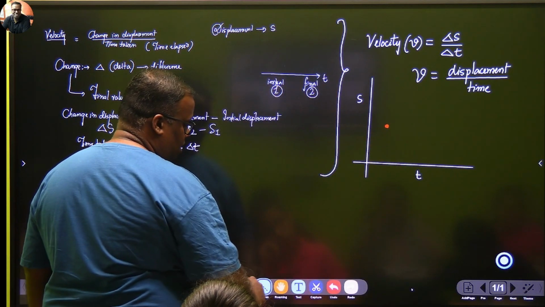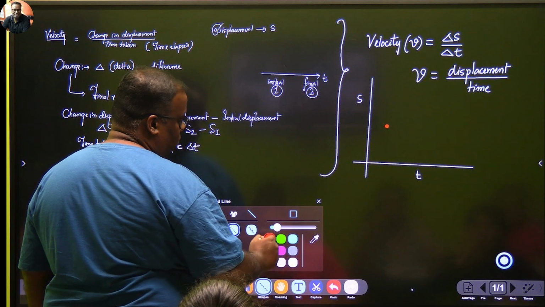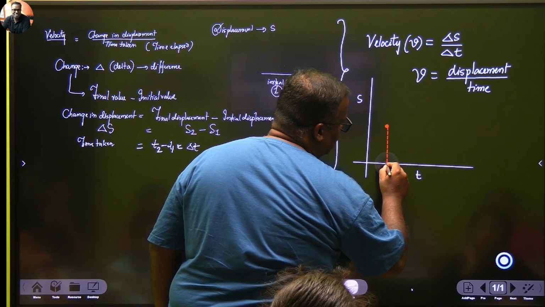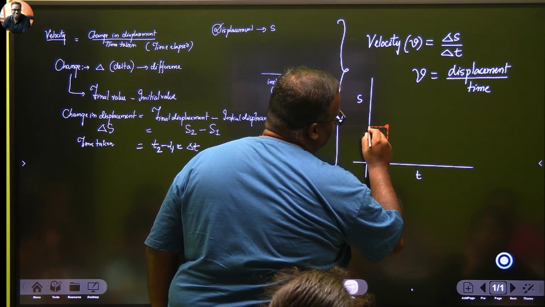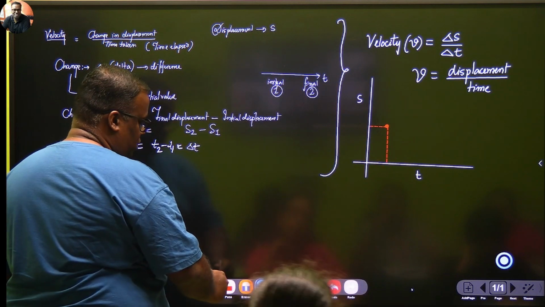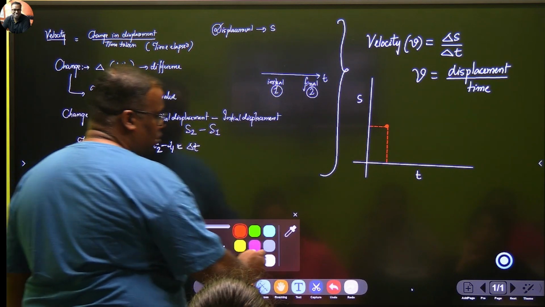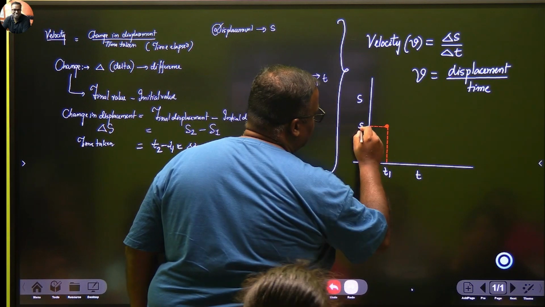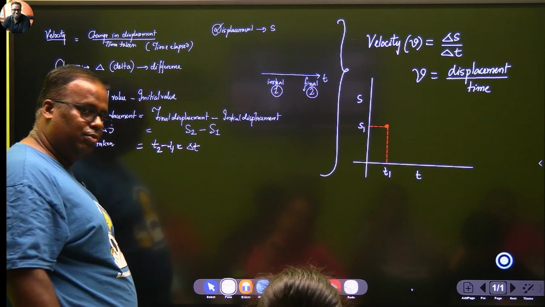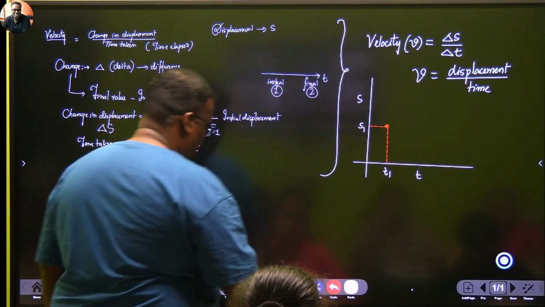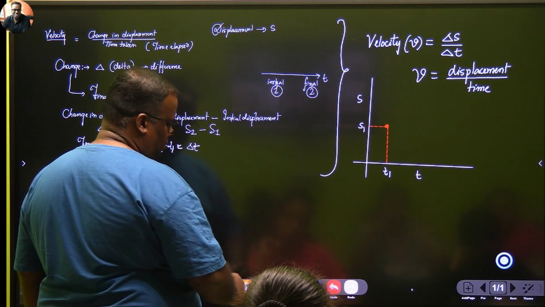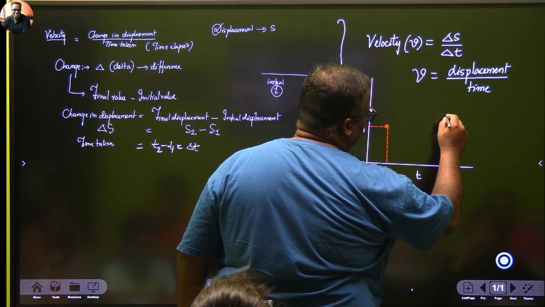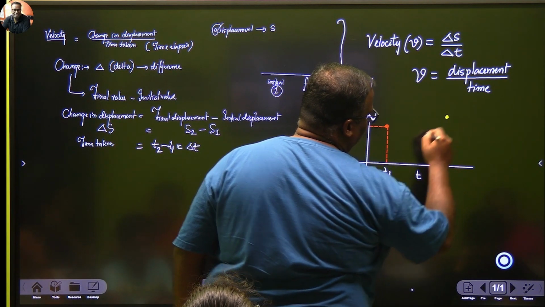Understanding this is very important. What does this mean? That this was the time and this was my displacement or position. So I call this my T1 and this my S1. Now after some time my position has changed, my displacement has changed, and we are finding the displacement all from the origin.